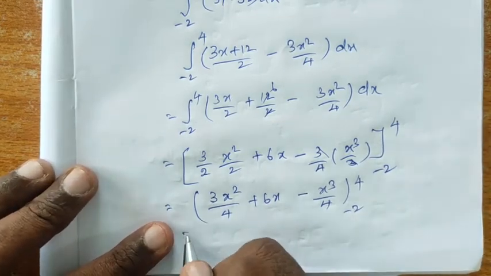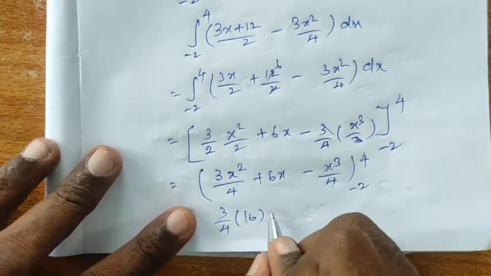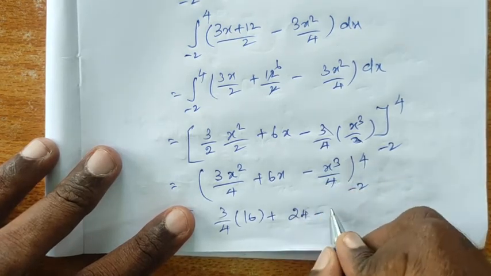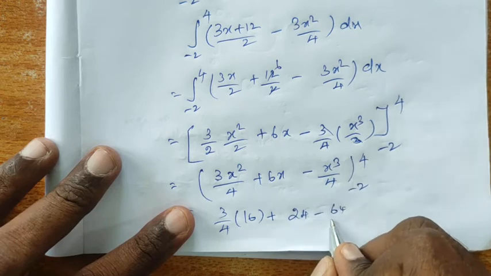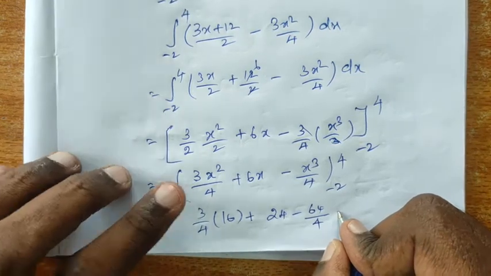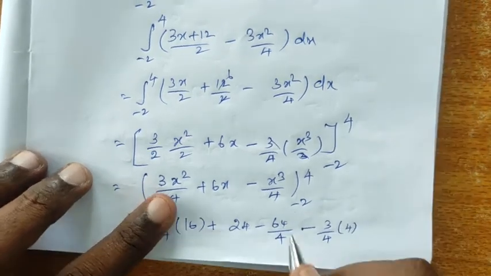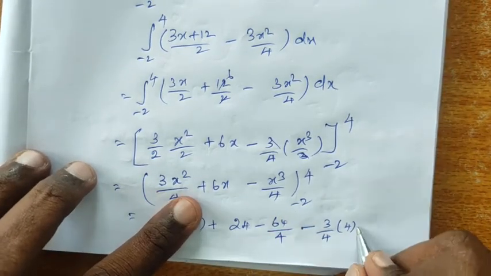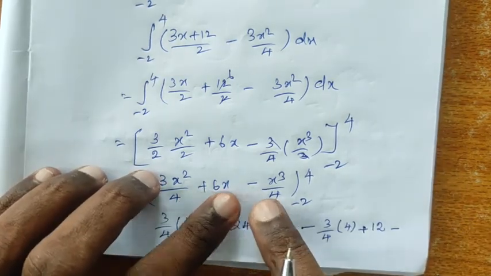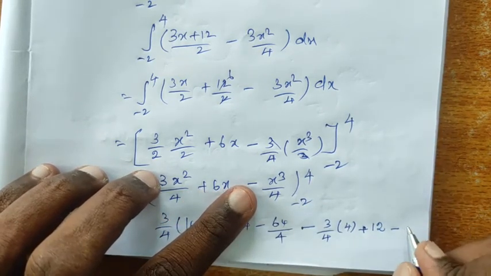Now apply the limits. So we get 3 by 4 into x square, 4 square is 16, plus 6 into 4 is 24, minus 4 cube, 64 by 4. And apply the lower limit, we get minus 3 by 4 into 2 square is 4, minus into minus plus 12, 6 into 2 is 12, minus, while applying lower limit we get a minus, here we have minus into minus plus, minus 2 the whole cube is minus 8.